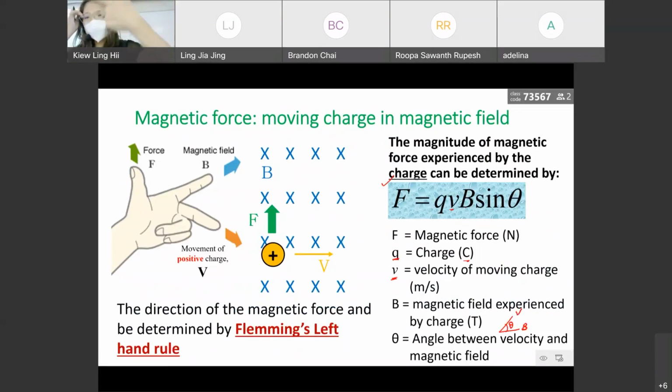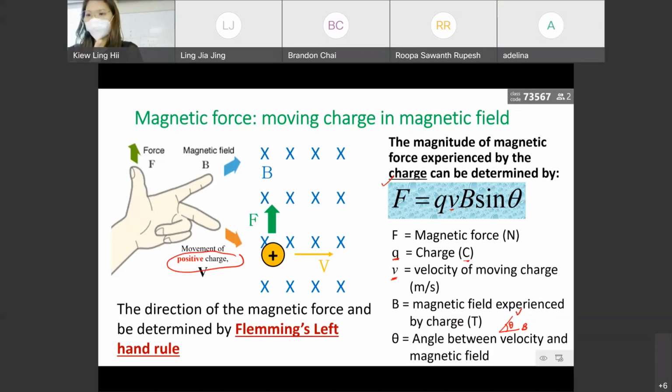So how do we determine the directions? We can also use Fleming's left-hand rule. But remember, for Fleming's left-hand rule it is always FBI, right? So F still remains as the thumb, B still remains as the pointing finger, but I here only refers to the positive charge.